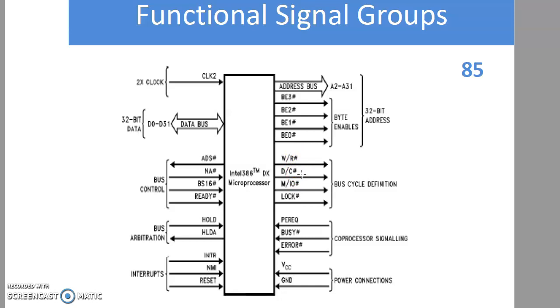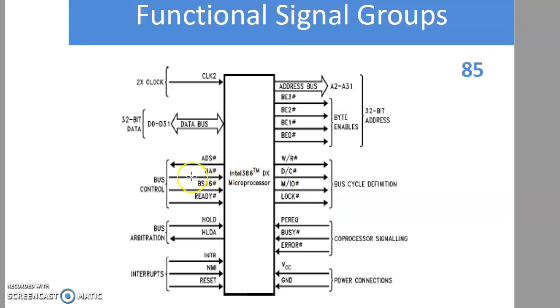When it is having 1 value, it's a data signal. When it is having 0 value, it is a code signal. M slash IO bar, when it is having 1 value, it is a memory related signal. When it is having 0 value, it is an input output related signal. Then you have lock bar. Similarly, you have ADS. So these all are bus cycle definition signals.